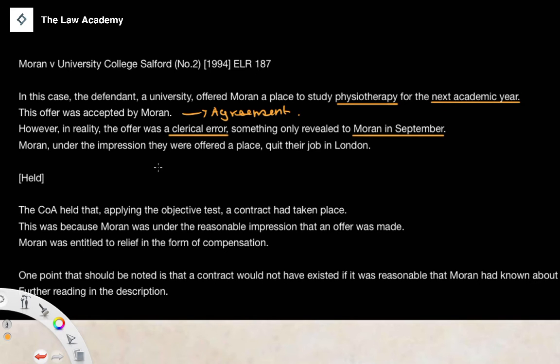All of these things are what a reasonable person would do in the event of a legitimate offer being made. A reasonable response to a legitimate offer.